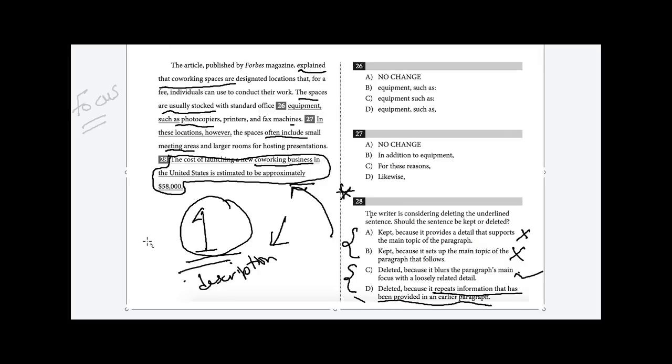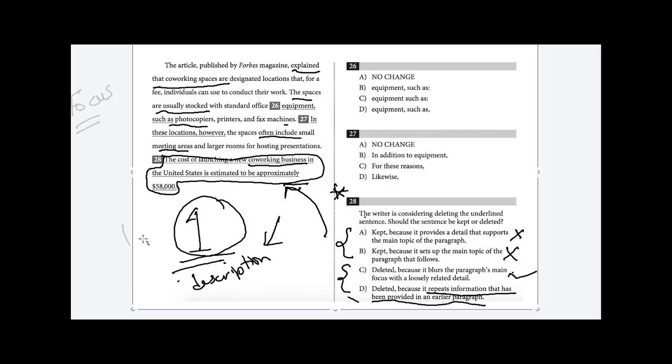Sometimes what helps you to better understand the one thing a paragraph is about might be a transition. Sometimes it might be a group of examples. Sometimes it might be just an aside.